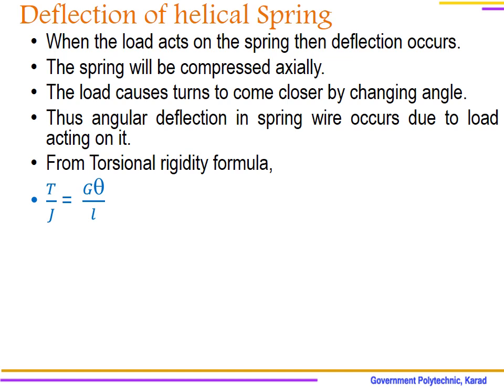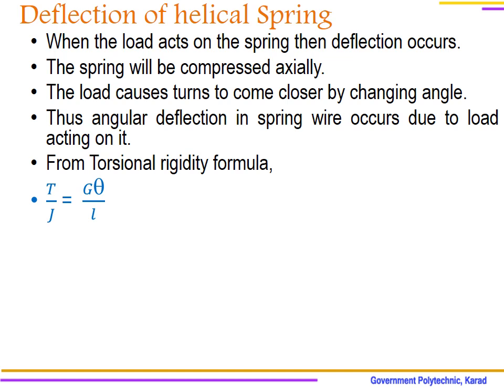So T by J is equal to G theta upon L. While designing a shaft also, we designed the shaft on the basis of strength and on the basis of rigidity. So here we are considering strain as a limiting factor. Especially in ductile material, we are supposed to consider this rigidity.